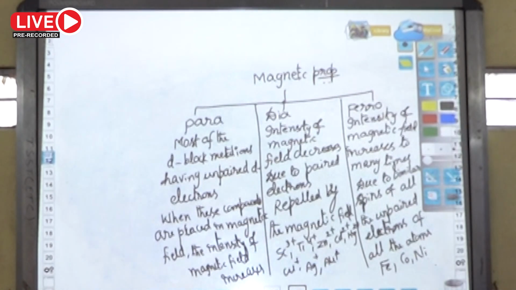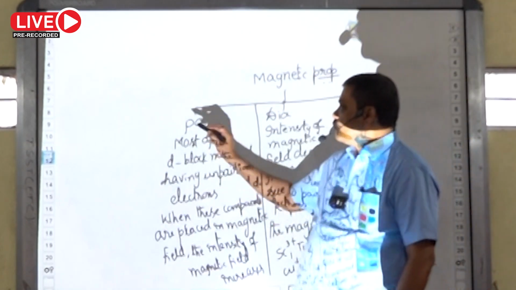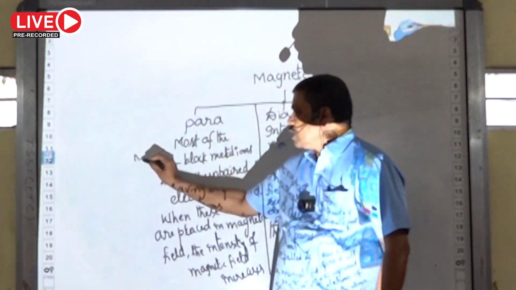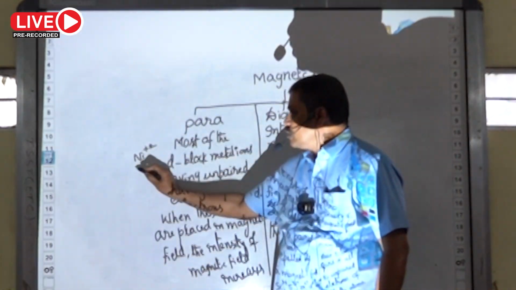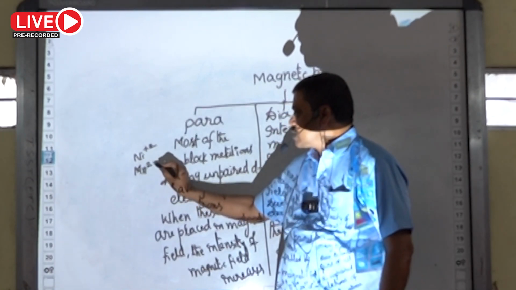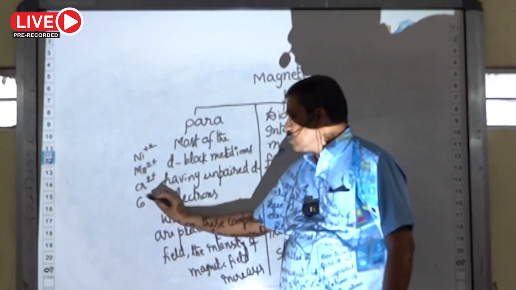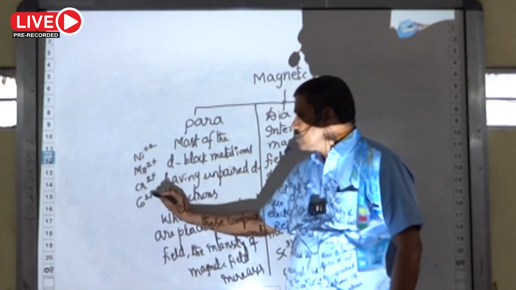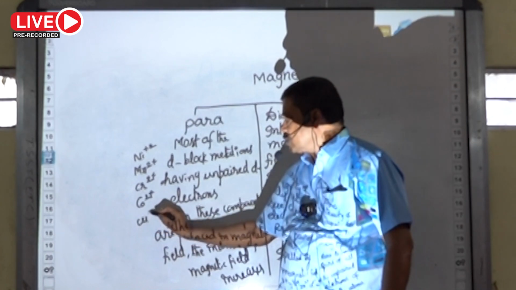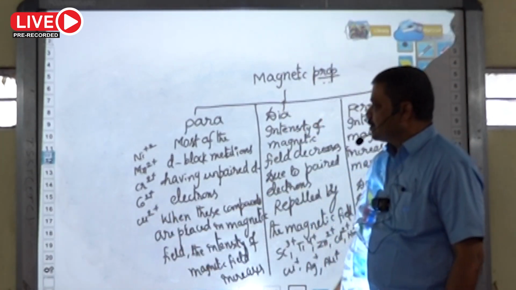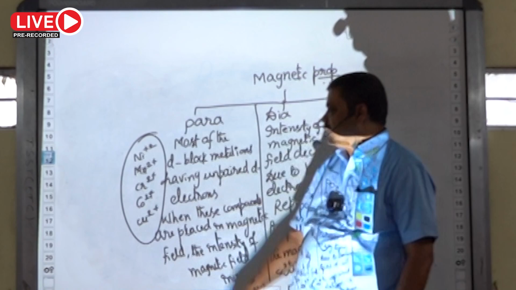So these are all diamagnetic. Nickel 2 plus, manganese 2 plus, chromium 2 plus, cobalt 2 plus, Cu 2 plus. So all these are paramagnetic.